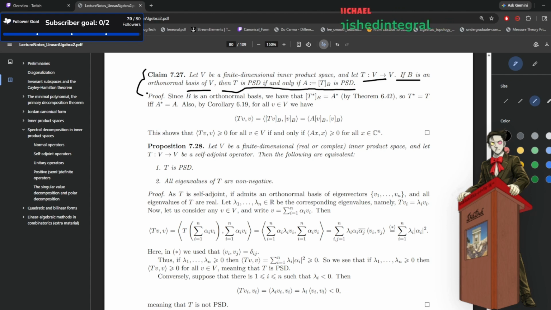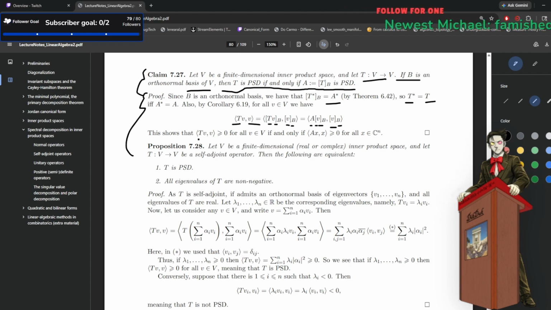Proof. Since B is an orthonormal basis, we have that T star in the basis B is equal to A star. We've proven this before on stream already. So by theorem 6.42, T star is equal to T. And TV in the basis B, with V in the basis B, is going to give you the matrix A times V in the basis B, inner product with V in the basis B. We've done this countless times: making a transformation into a matrix.